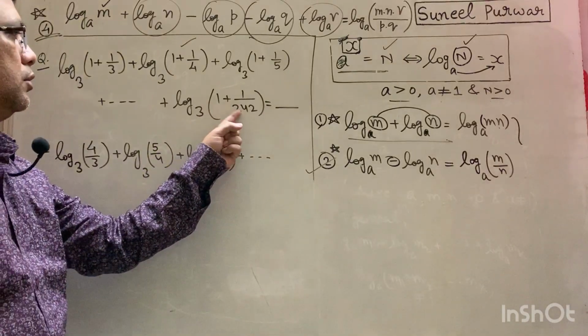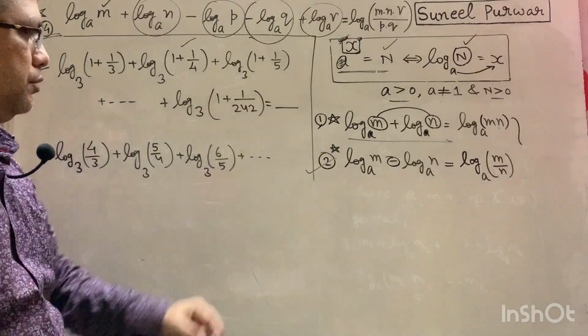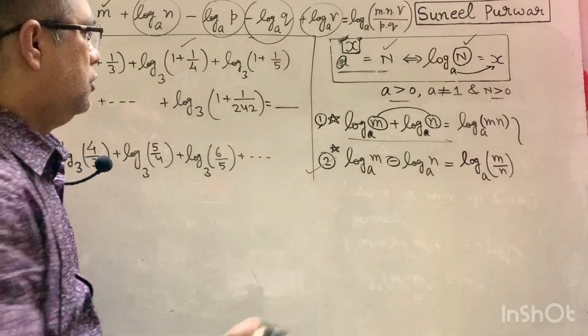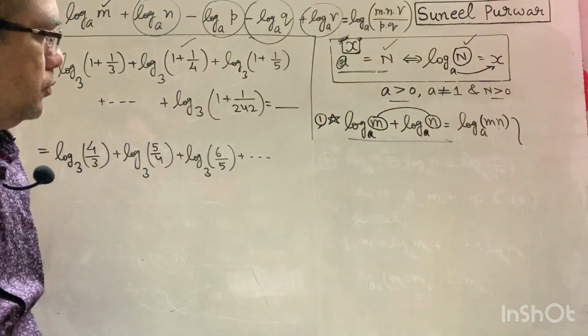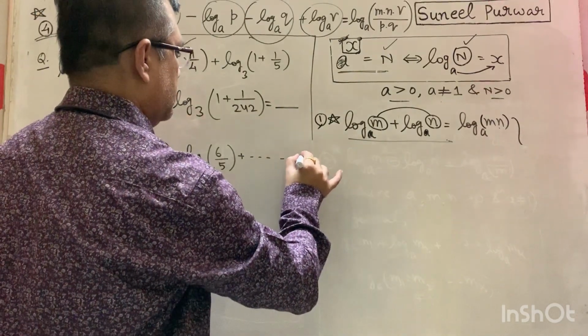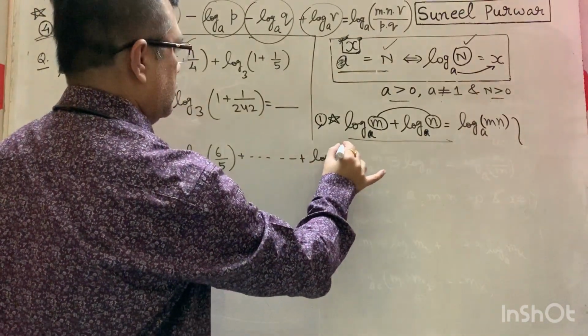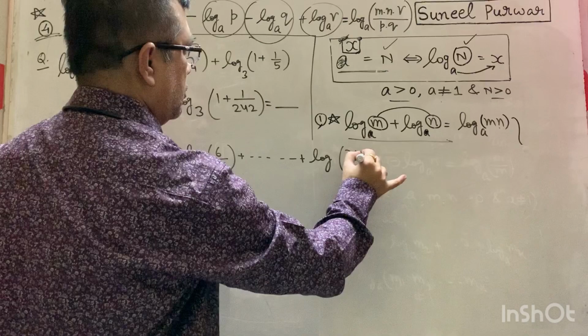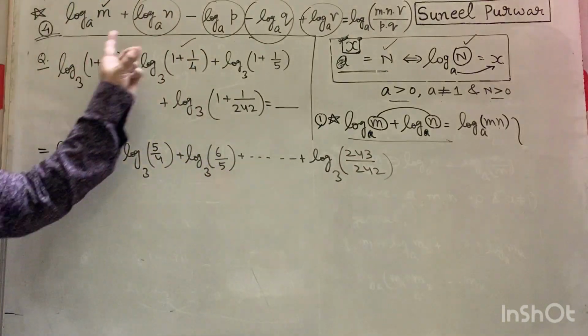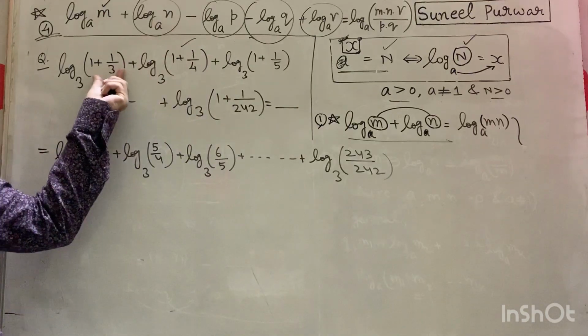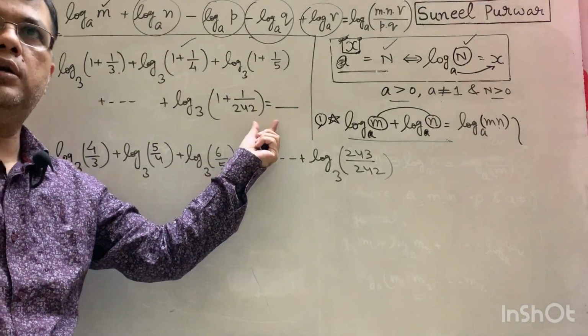What is this number? 243 by 242. Okay, log of 243 by 242 at base 3. So first thing is what? To simplify the numbers whose logs we are taking.